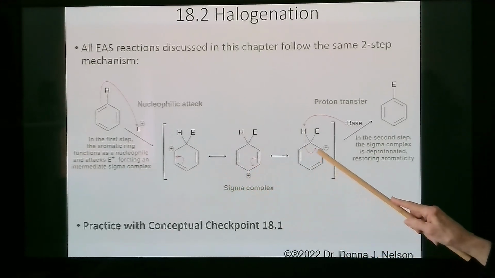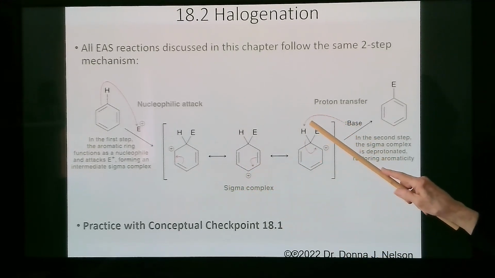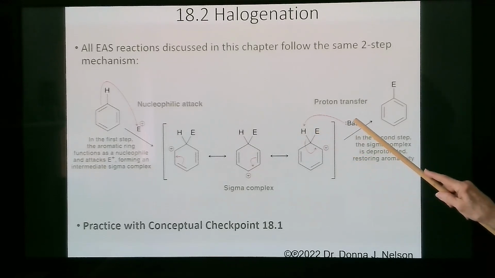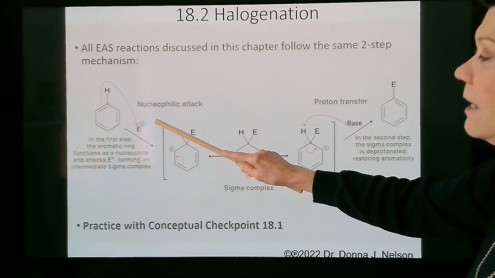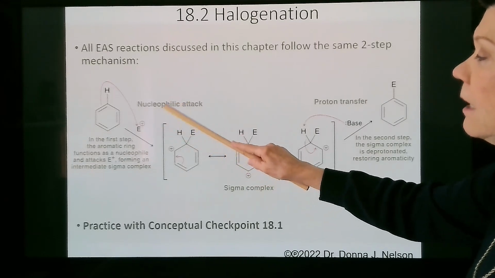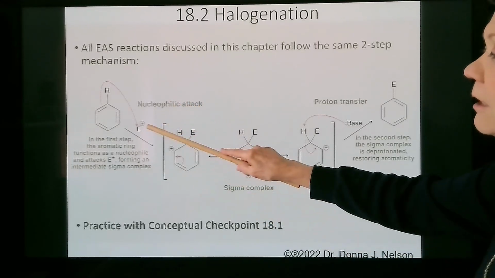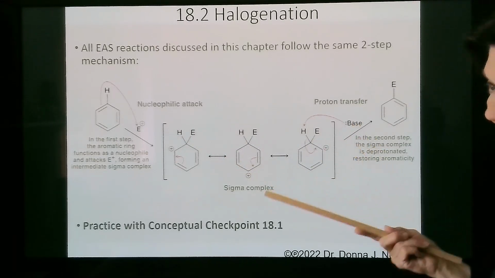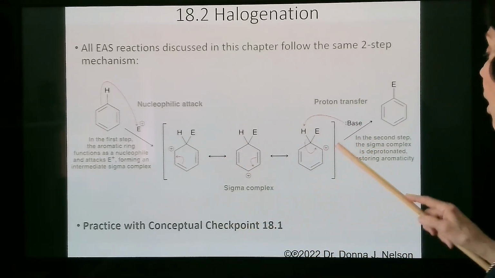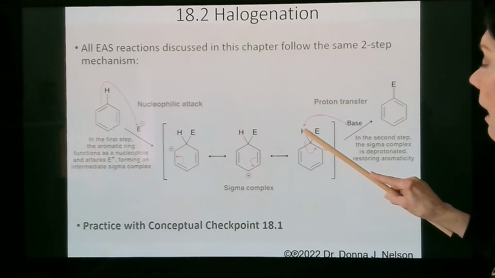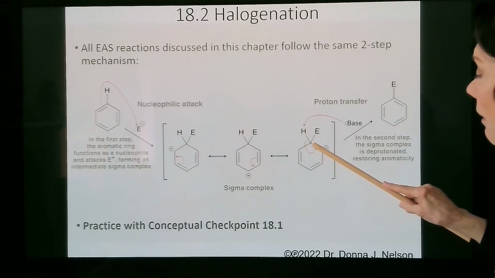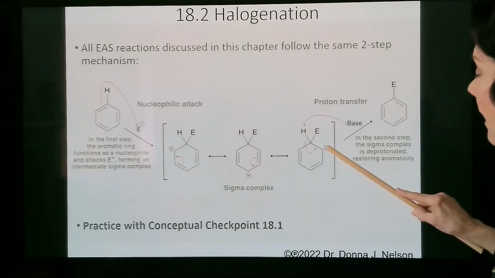This is called a sigma complex. The sigma complex is deprotonated using a base. It can often be something that is given off here in the nucleophilic attack, as in the case of bromination. So this deprotonates the pair of electrons in the carbon-hydrogen bond, move in, form the new pi bond, and satisfying the positive charge.